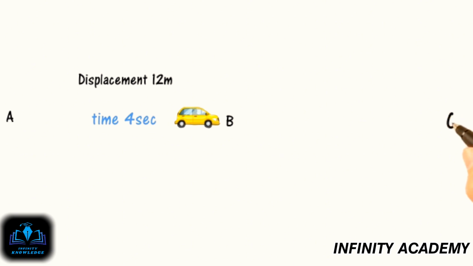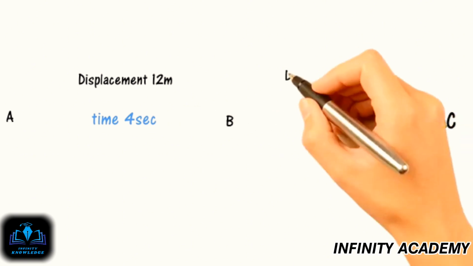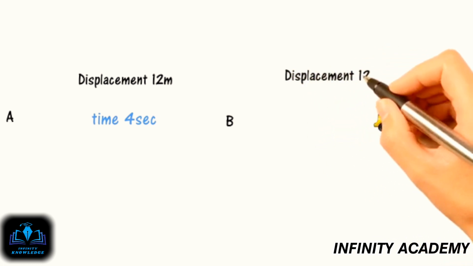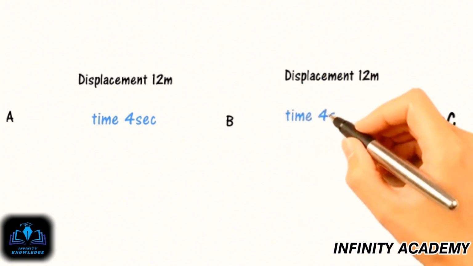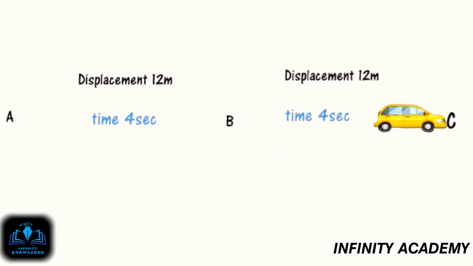Now let the car move from point B to point C, and let the displacement of the car from point B to point C be 12 meters, and the time taken be 4 seconds.